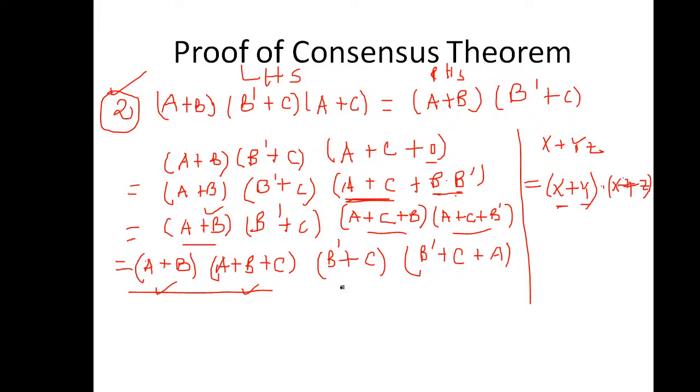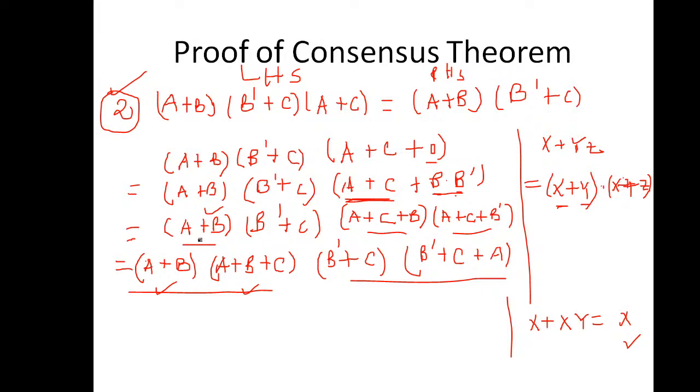You take this term, these two and these two. Another formula I have: if you have x plus xy, can we write it as x? Because you can take common x, 1 plus y, and 1 plus y will become 1, right?